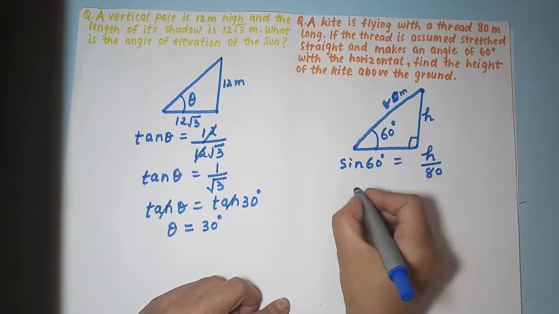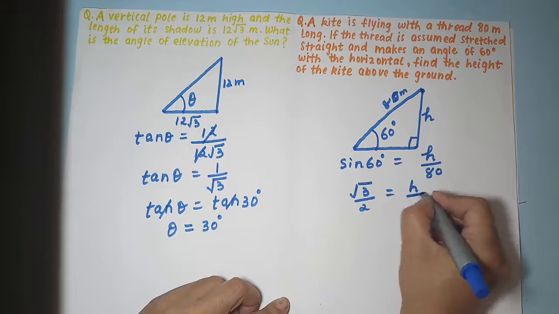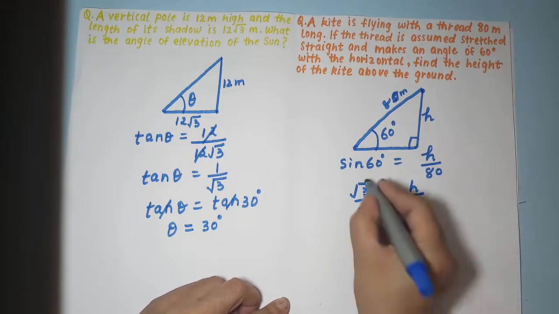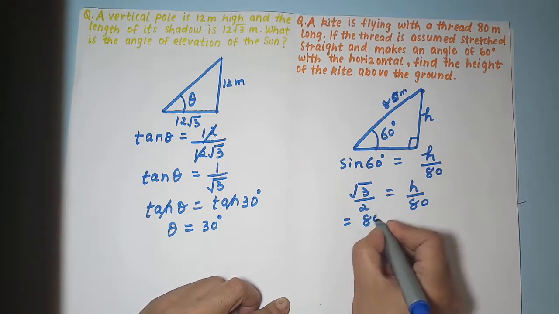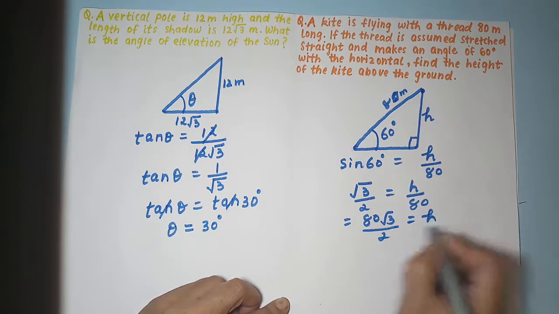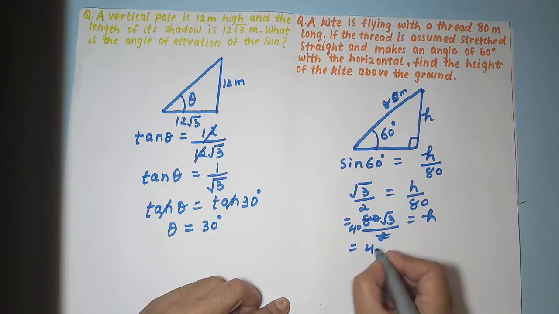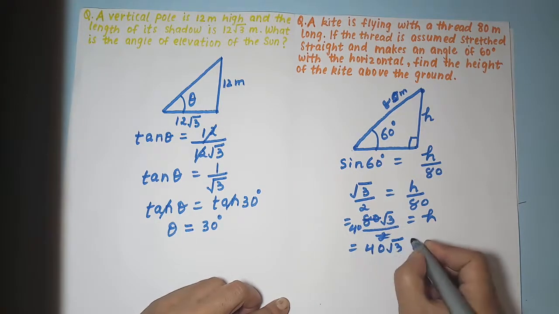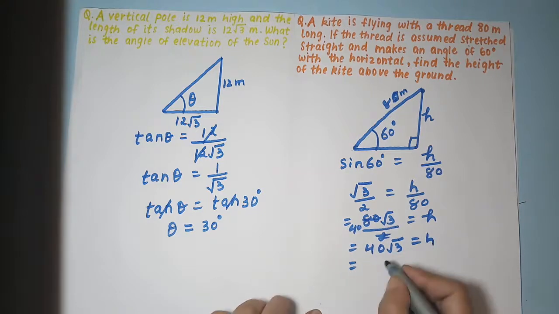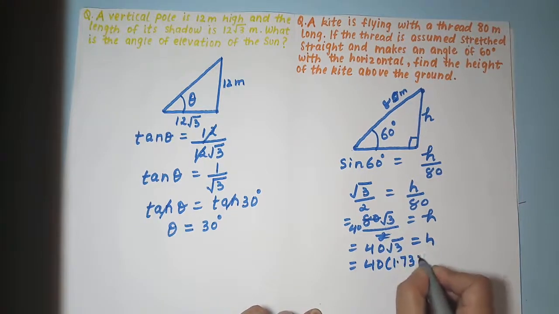So, sine 60 we know as root 3 by 2 is equal to h by 80. Cross multiply, we will get 80 root 3 upon 2 is equal to h. 2 40s are 80. So now you have got 40 root 3 equal to h. We know the value of root 3 as 1.732.